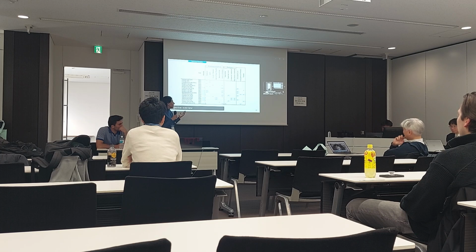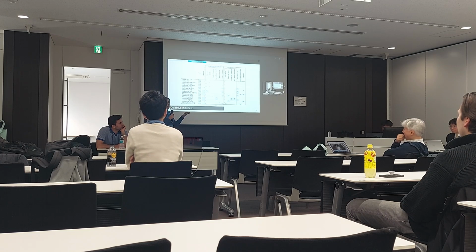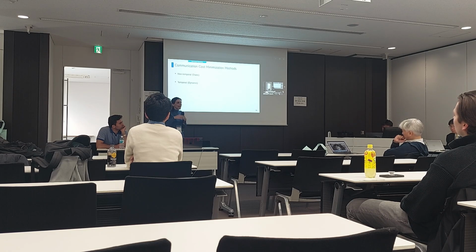And in this table, if we look at the team recommendation works over time, we can see that almost all of the researchers try to minimize the communication cost, but with different methods. If we want to categorize the methods used to minimize the communication cost, we can divide them into two categories, non-temporal and temporal methods.